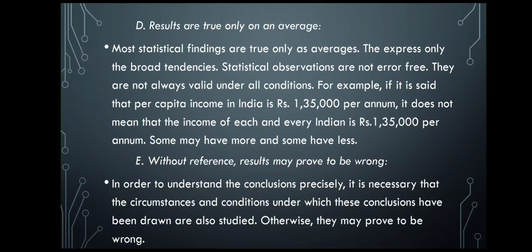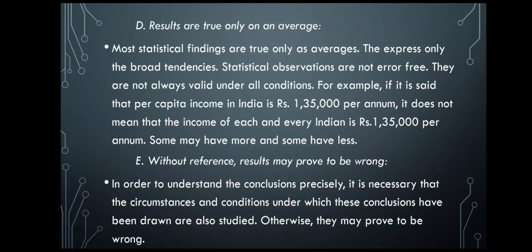So whatever calculation takes place in statistics, it gives a general idea of the group. It is only true on averages. You all must have studied about per capita income. It is the income earned by every individual on an average in a country per year.